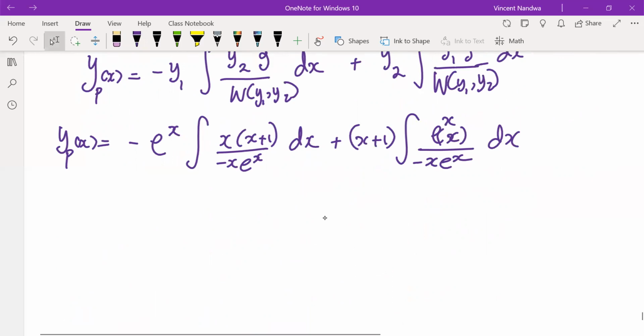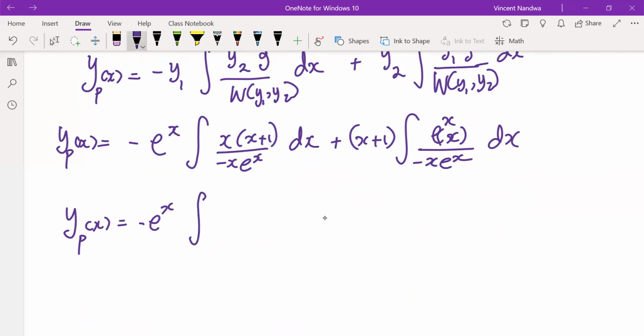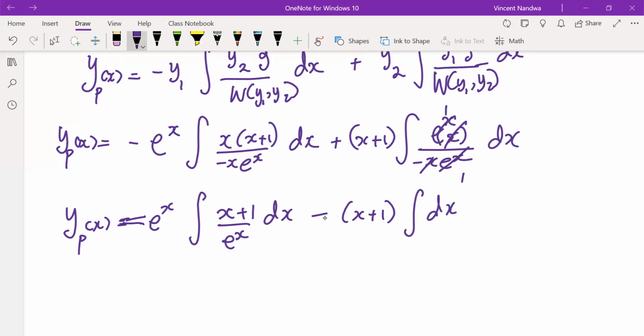So this x and x cancels out, so yp of x will be negative e raised power x integral of, actually this negative and negative can cancel out so that the sign of this one is just plus, because we have a minus here and there's a minus here. So x plus 1 over e raised power x dx minus, because of this negative sign, so x and x cancels out, x plus 1 integral of this and this also cancels out, so we have just dx.